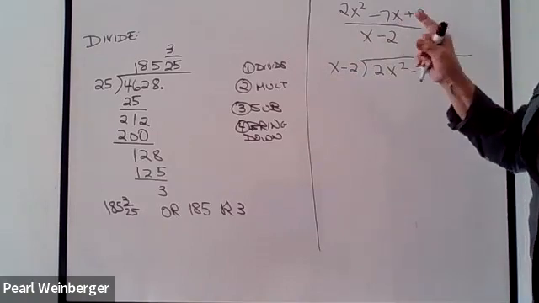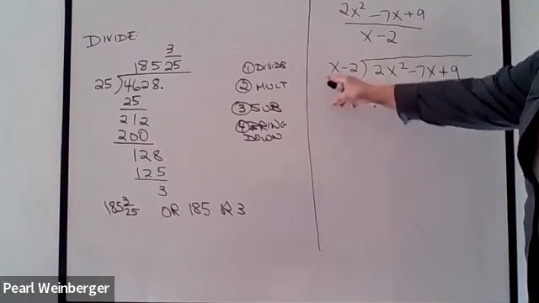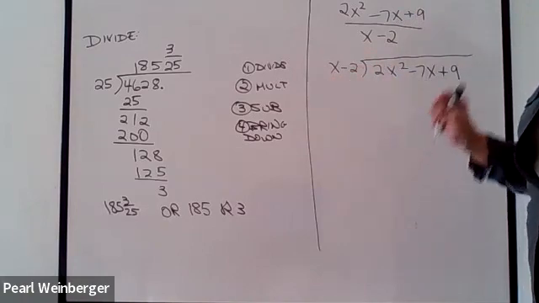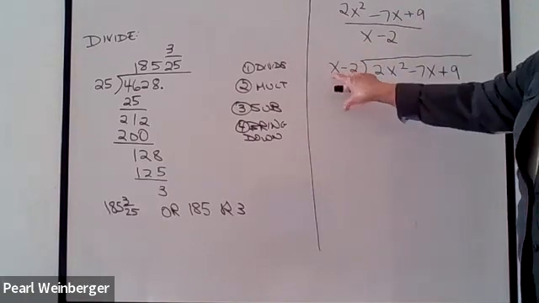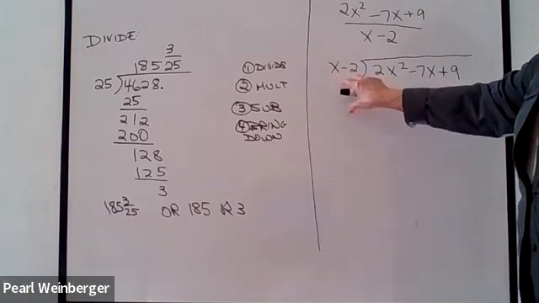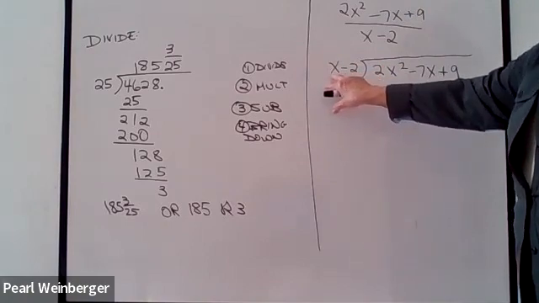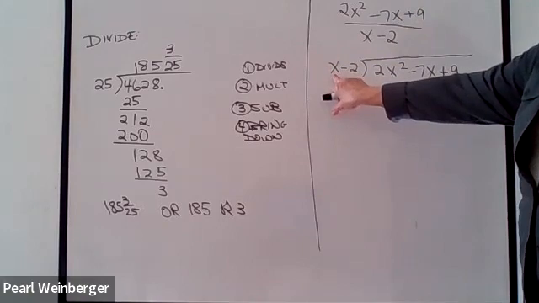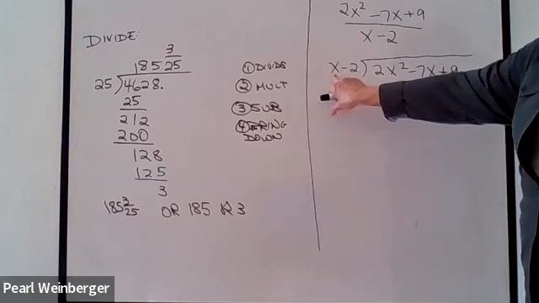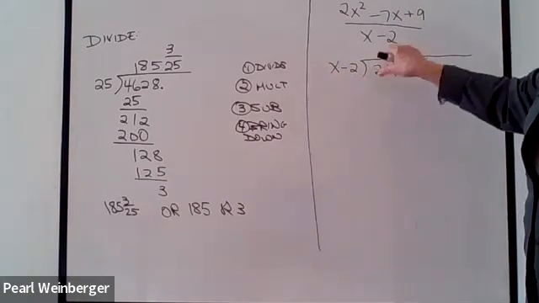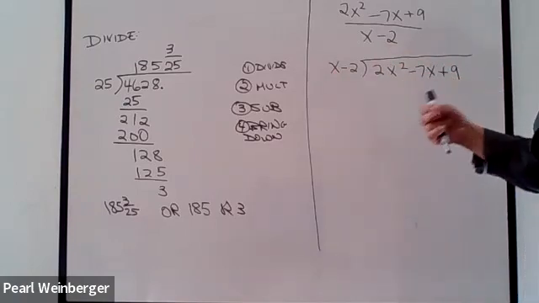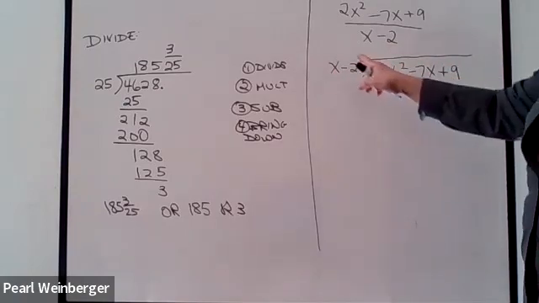When it comes to dividing, it's very hard to divide by a whole x minus 2. So instead, let's just divide by the x and see if it gives us an answer that we could put on top.